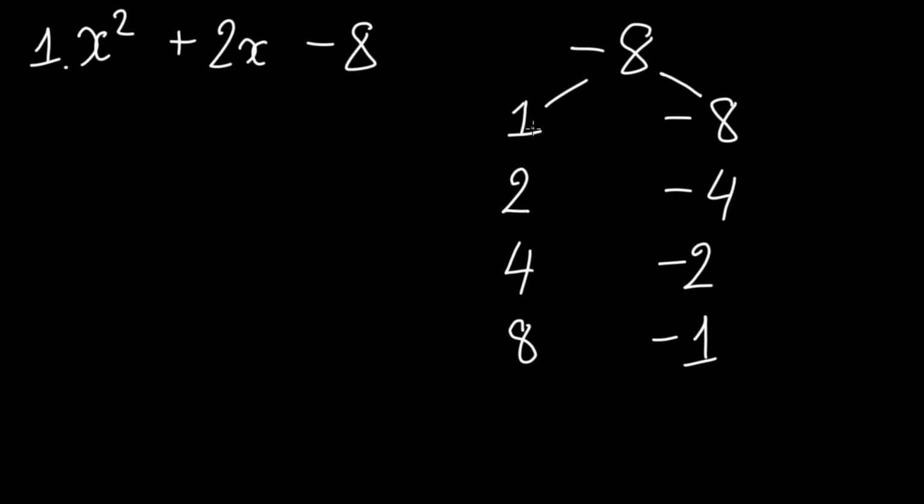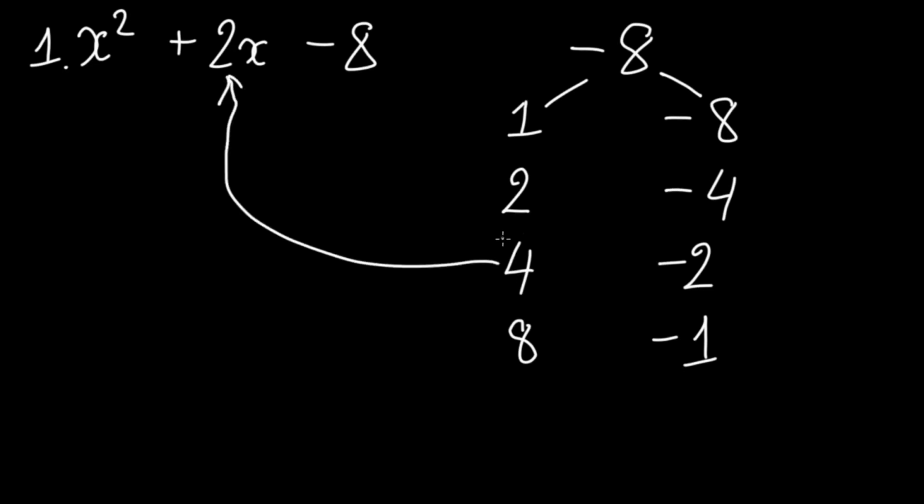You see, 1 added to negative 8, you get negative 7, right? We don't take it. 2 added to negative 4, we get negative 2, and we don't take this value, right? 4 added to negative 2, you get positive 2 right here.